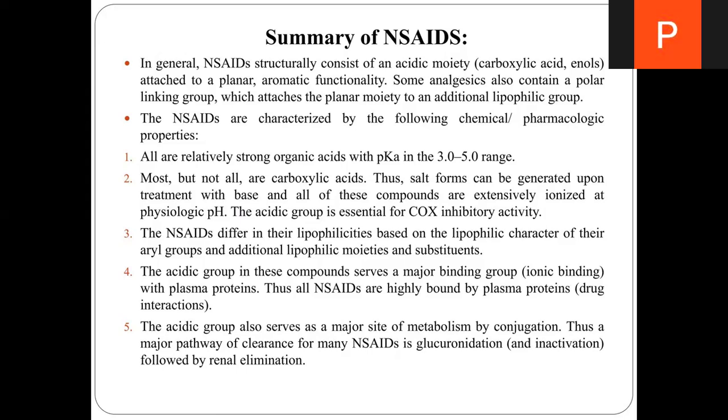Thus, all NSAIDs are highly bound by plasma proteins, which matters for drug interactions. The acidic group also serves as a major site of metabolism by conjugation. Thus, a major pathway of clearance for many NSAIDs is glucuronidation and inactivation followed by renal elimination.